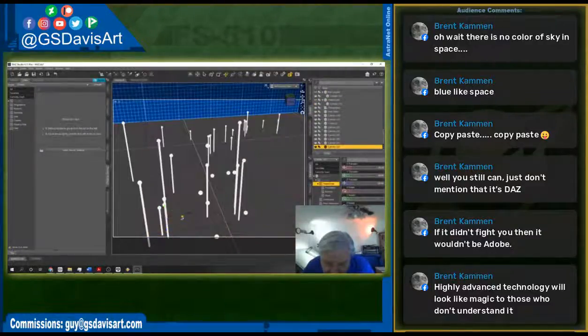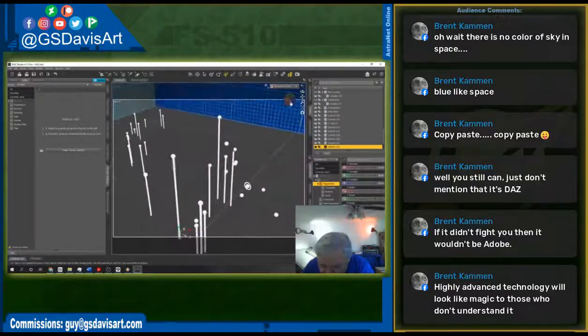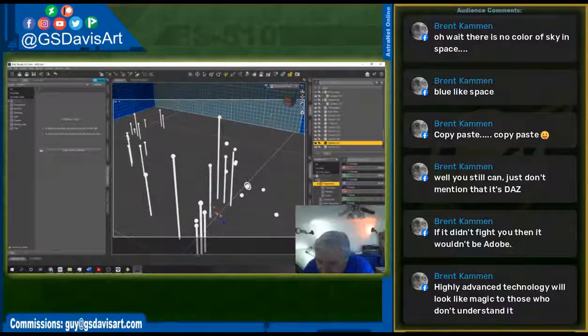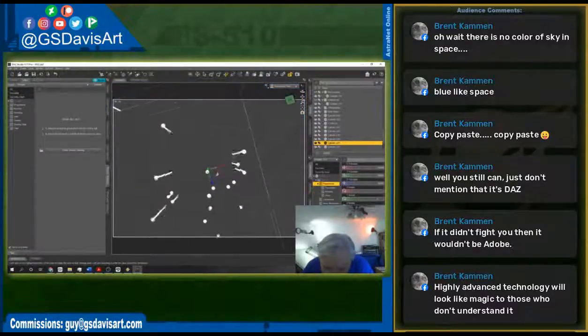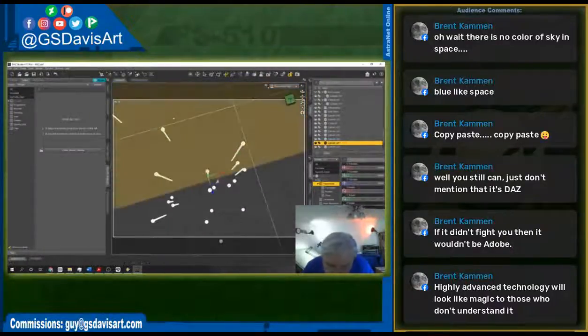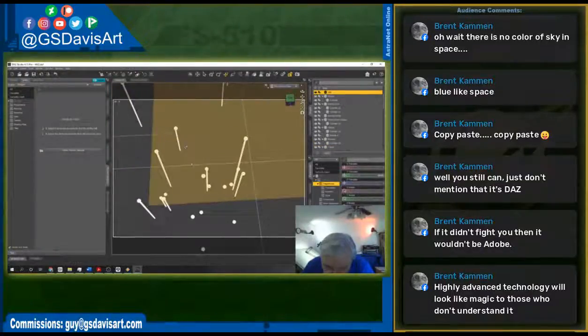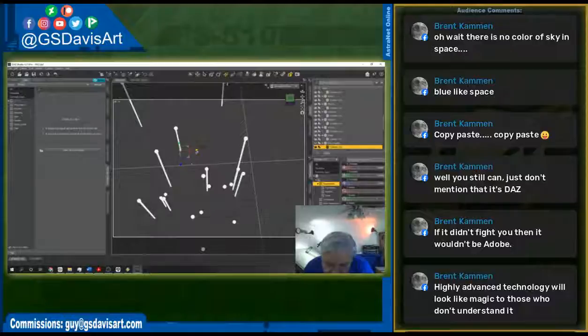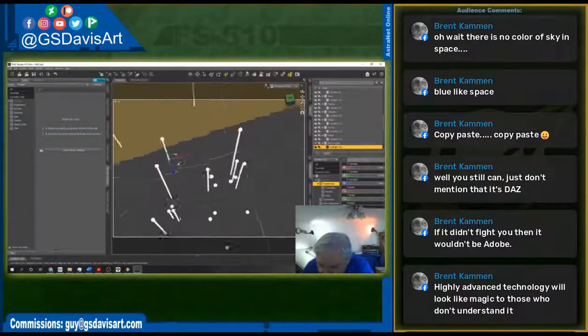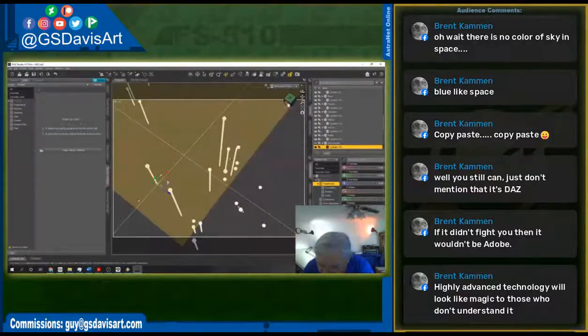I made a model of the Unity stars that are just the Unity stars. So that I won't lose track of these guys, right?